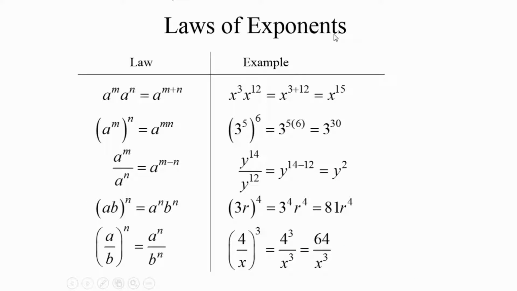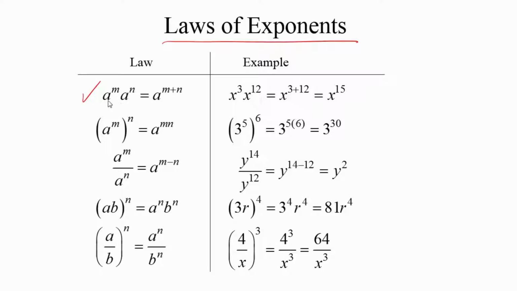Laws of exponents. The first law of exponents we have already seen, and we have used it. A to the m power times a to the n power is equal to a to the m plus n.